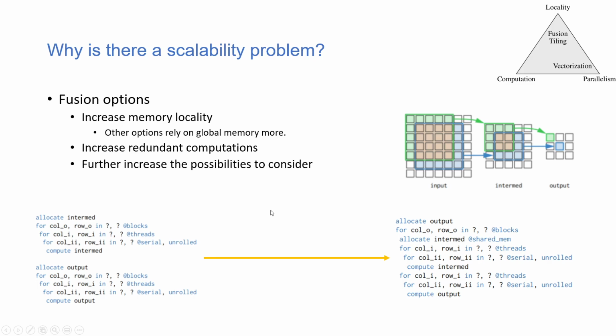On a GPU, this is particularly important because the data transfers across different blocks might be more expensive. But you also increase redundant computations, and this also increases the number of possibilities to consider, along with the tiling options. And basically this summarizes the scalability problem, that is why an autoscheduler is needed.